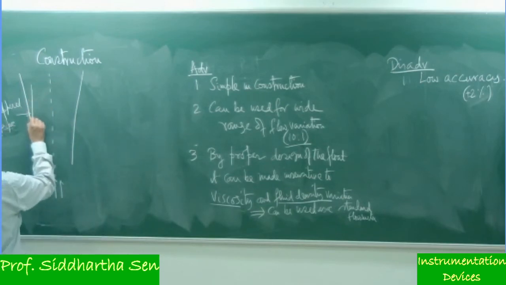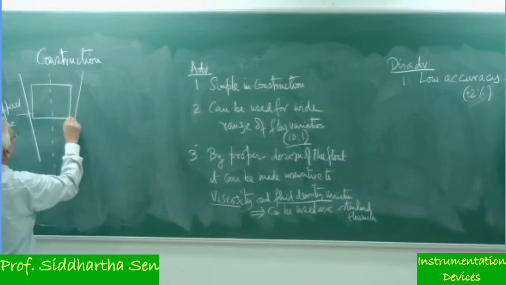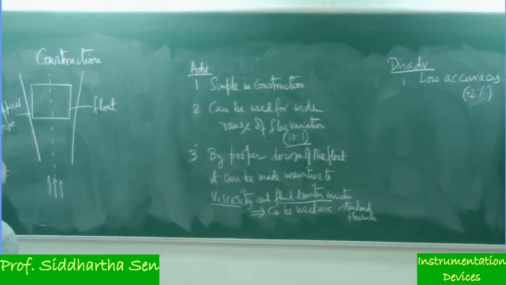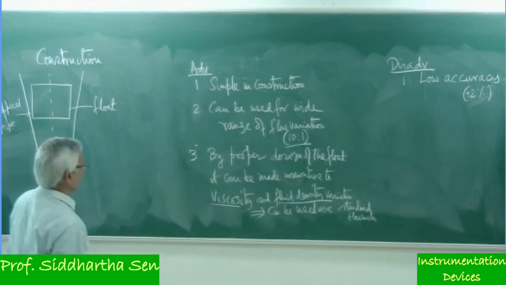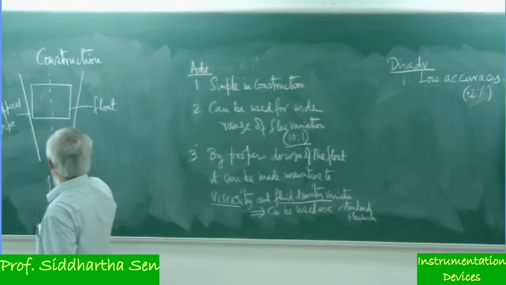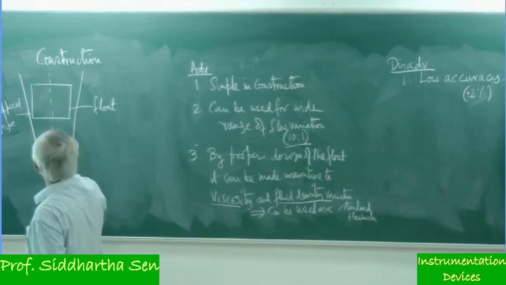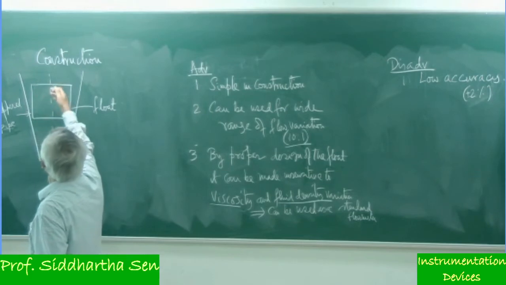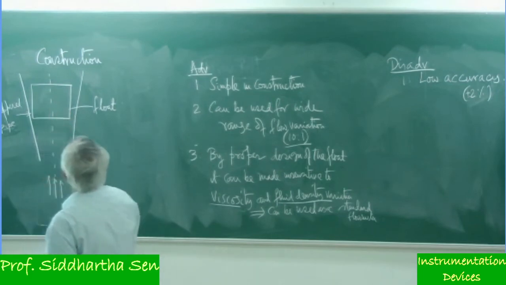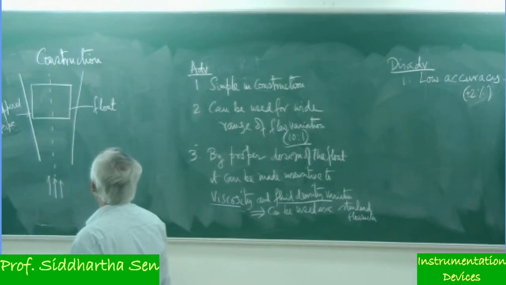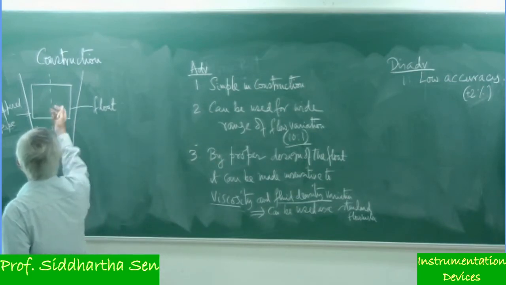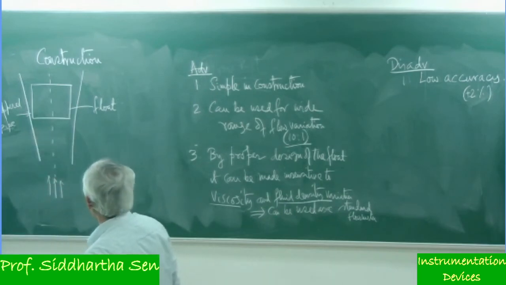And this is called a float, which will be floating there. Basically, you can easily understand. The flow will come from lower to higher, and that will give an upward driving force, and that will act against the downward force, the weight of the float there, and it rests at some point where the upward and downward forces are in equilibrium.